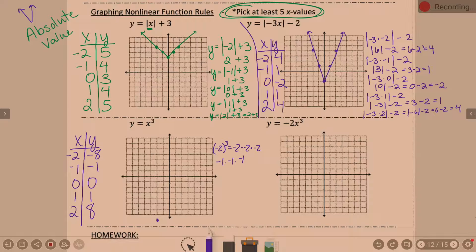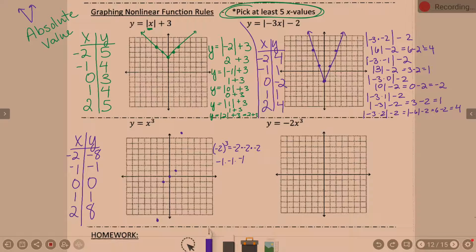Negative 1, negative 1. Left 1, down 1. 0, 0. 1, 1 is over 1, up 1. 2, 8. Over 2, up 8.